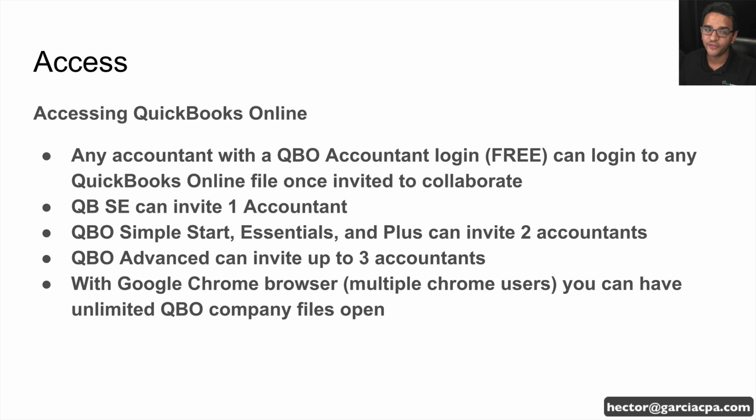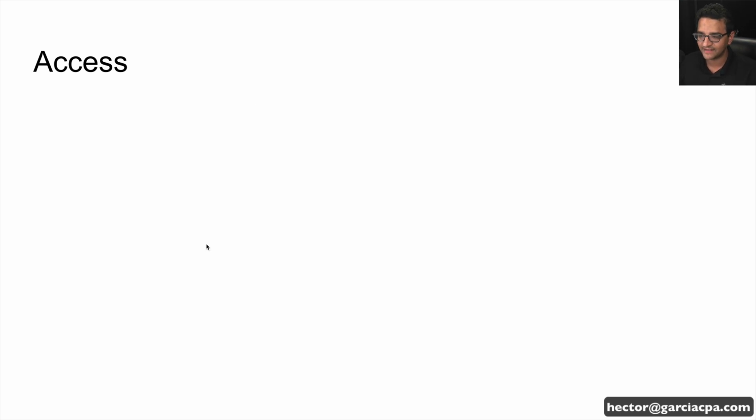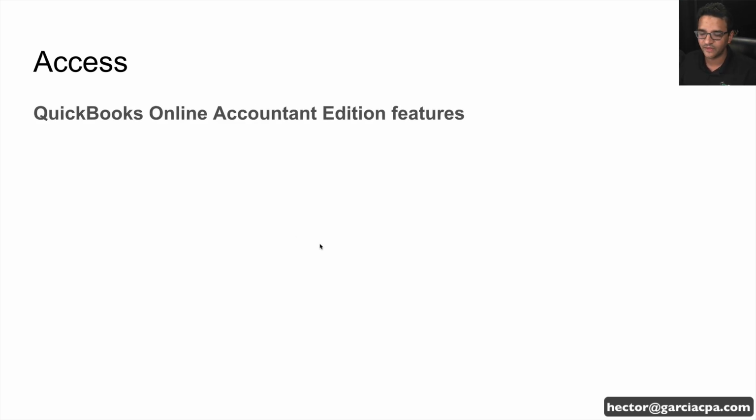I need to have all 3 of those balance sheets open, with the details, so I can triangulate and reconcile those intercompany transactions. So with QuickBooks Online, using Google Chrome and multiple users, you can open unlimited companies at the same time and compare all those things at once, something you can't do with desktop.